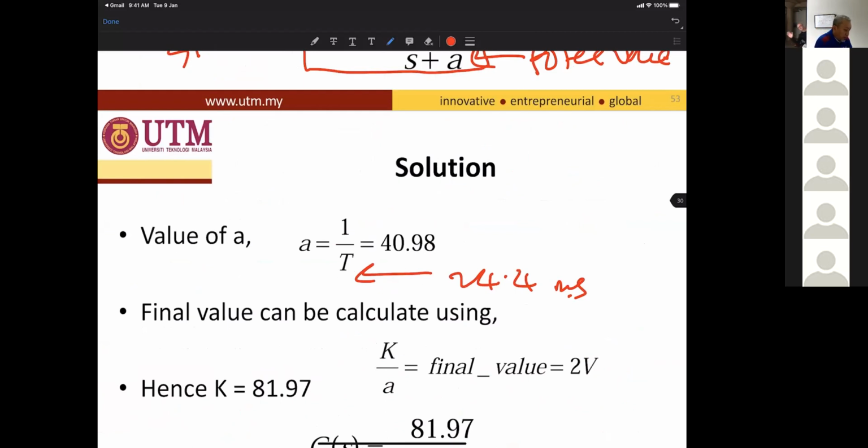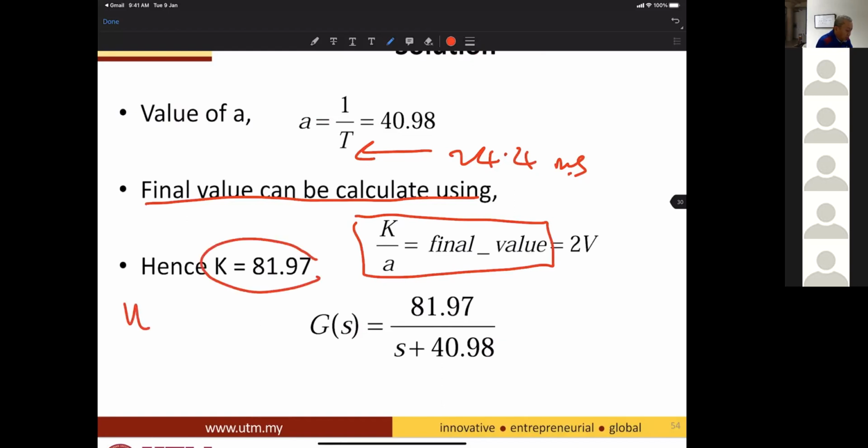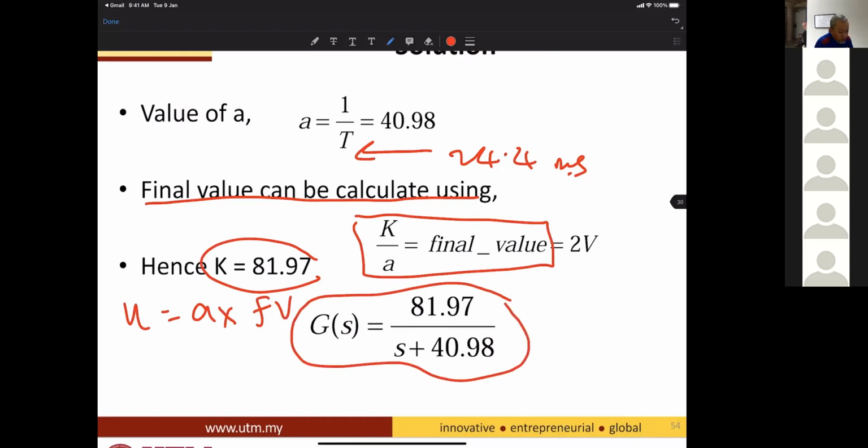Then the final value can be calculated using this formula. Final value is equal to K divided by A. The final value is 2 volt, A is 40.98. Therefore K is equal to A multiplied by the final value, 40.98 multiplied by 2 volts. So the K value is 81.97 over S plus 40.98.